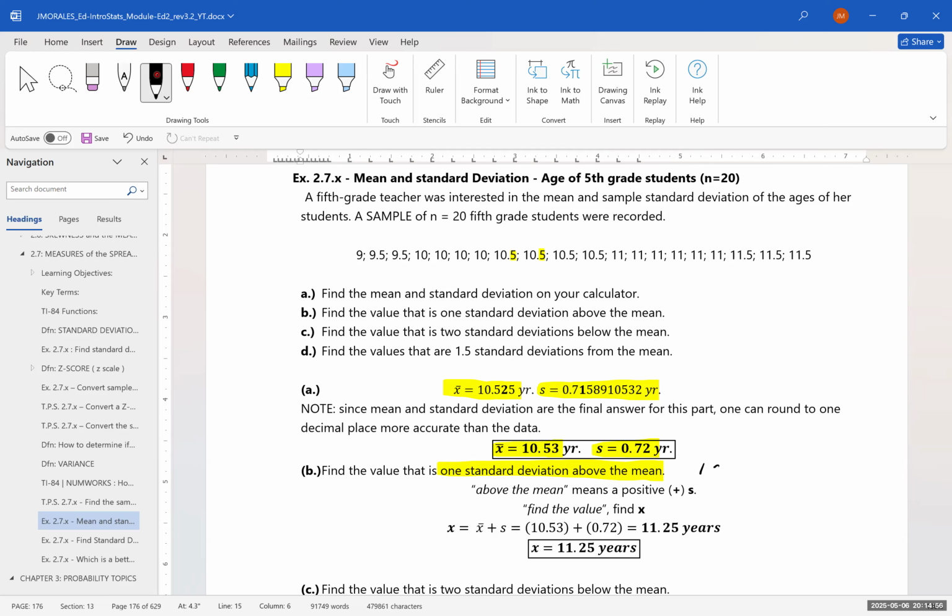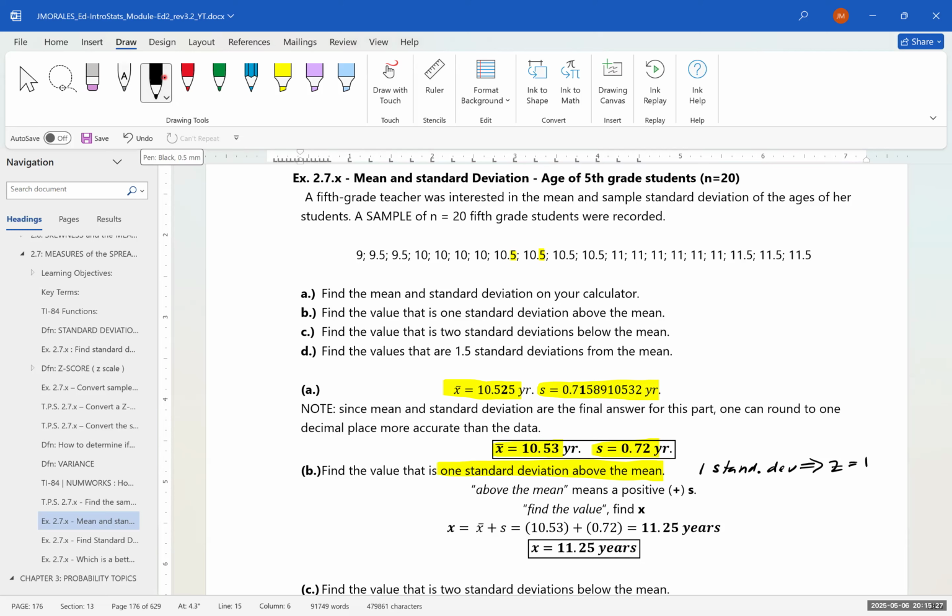One standard deviation is equal to a z-score of 1. Okay, so one standard deviation, let me do it this way. One standard deviation is a z-score of 1.